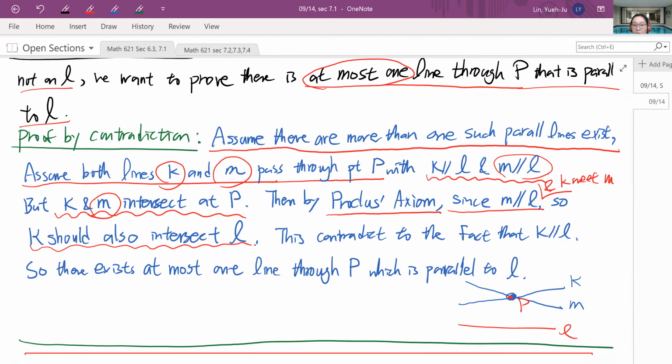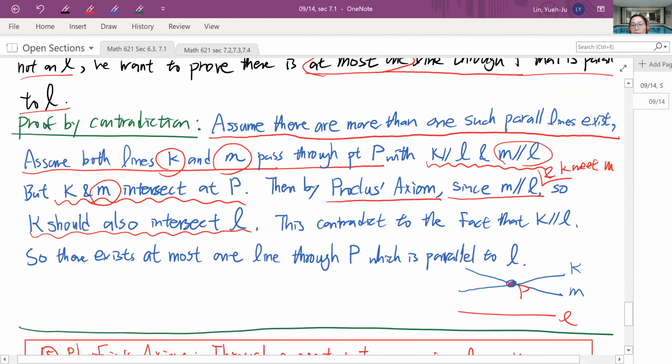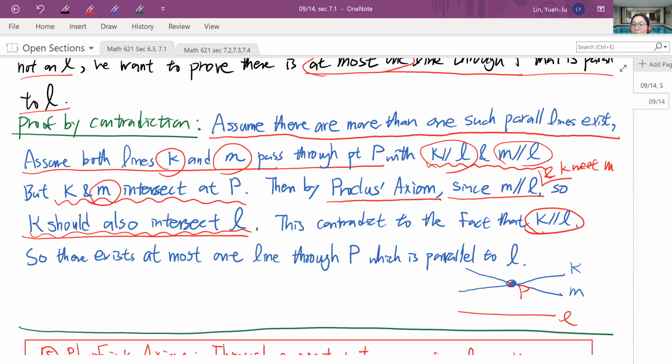Sorry, I'm a little bit over time, I just want to finish this. So in this case, by Proclus, K should also intersect the other parallel line L. But we started with K parallel to L, right? So you essentially right away see a contradicting statement here. On one side, we say K intersects L.